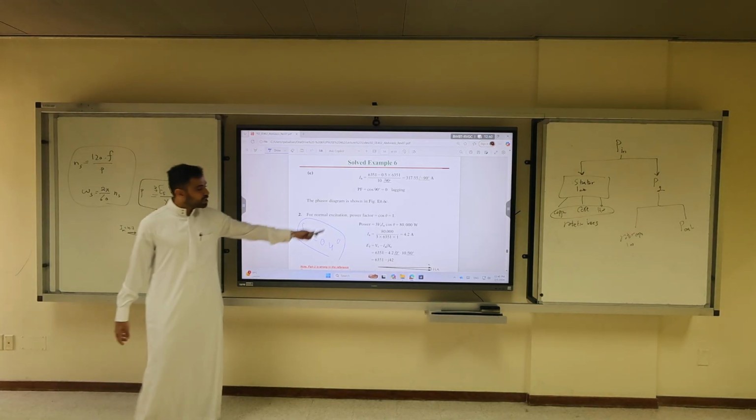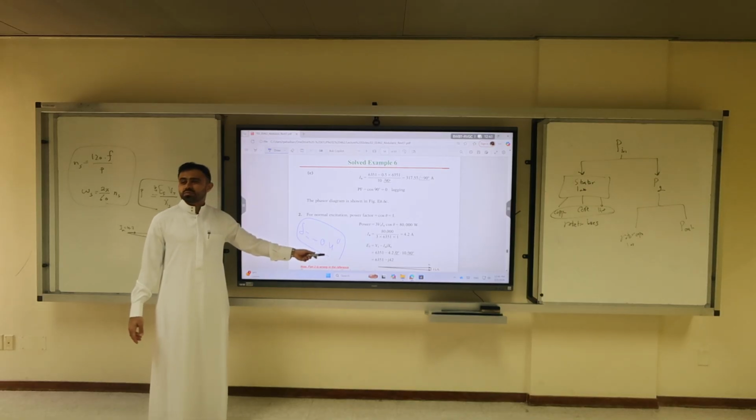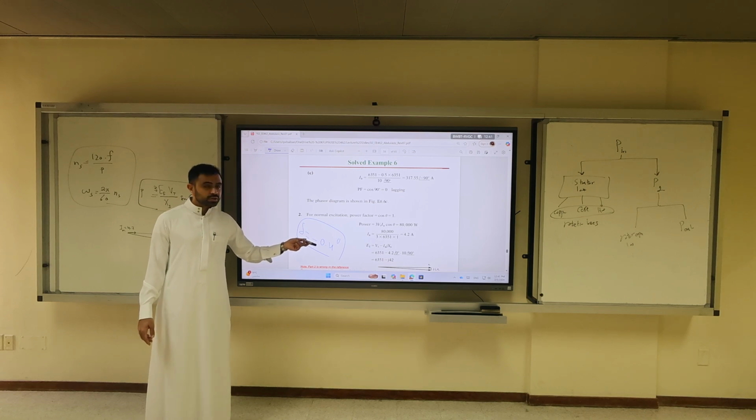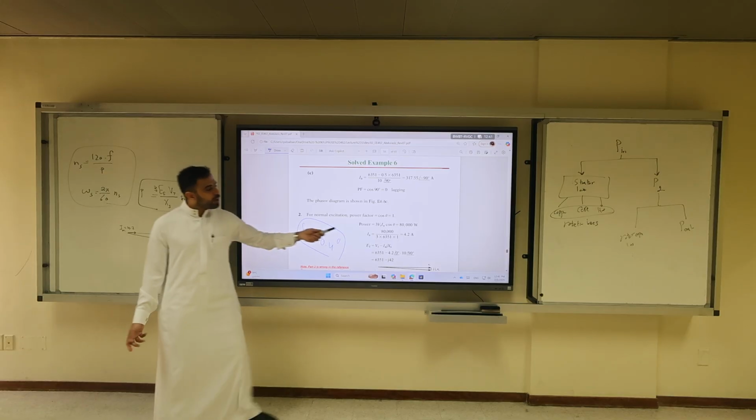Even if you count rotational losses, your delta is almost 0. So that's why you can safely ignore rotational losses for a synchronous condenser. When you work on the job you get from our friend at the electricity company and they ask you to calculate the synchronous condenser, you can always safely assume ignoring rotational losses, because the rotational losses are only 80 kilowatts.